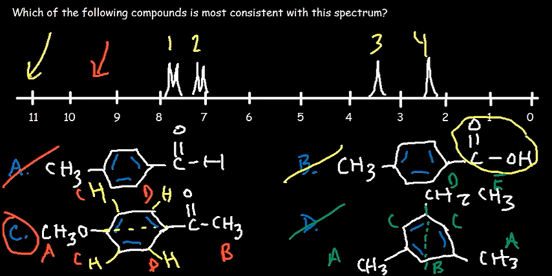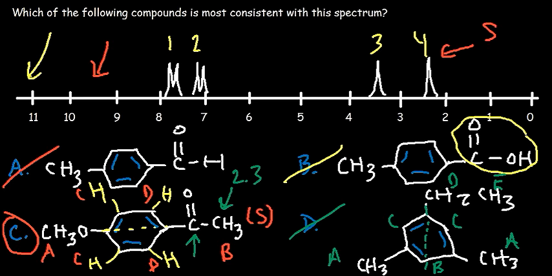But let's analyze it a little bit more. So the methyl group next to the carbonyl group, that should be around 2 to 2.5, so let's say 2.3. And notice that it doesn't have an adjacent carbon with hydrogen atoms. This carbon has no hydrogen atoms, so therefore the splitting pattern is 0 plus 1. It should appear as a singlet. And that's what we have here.